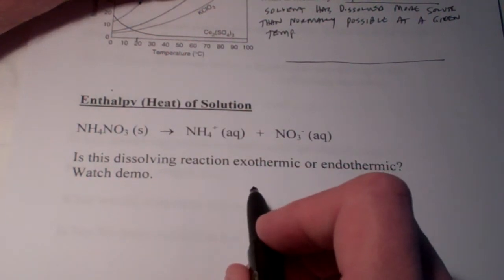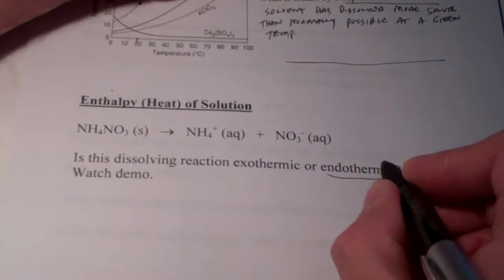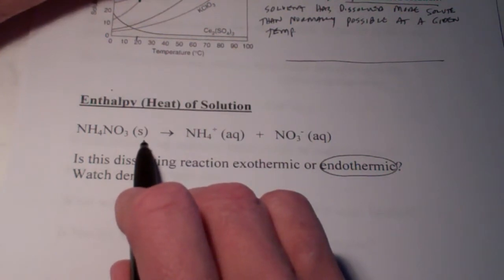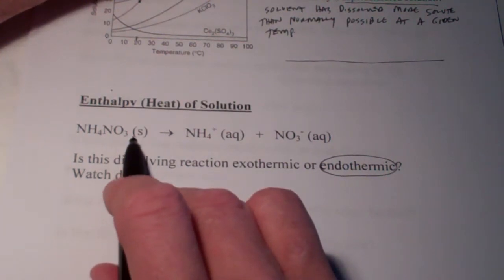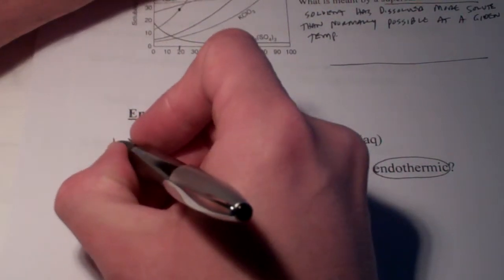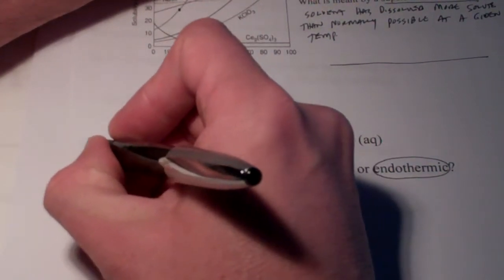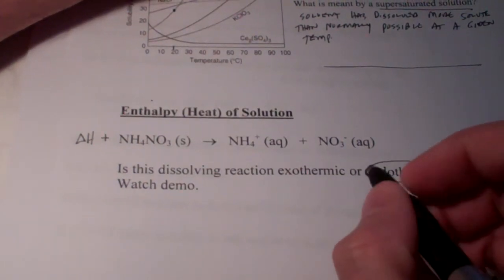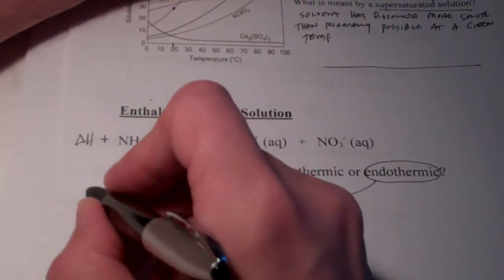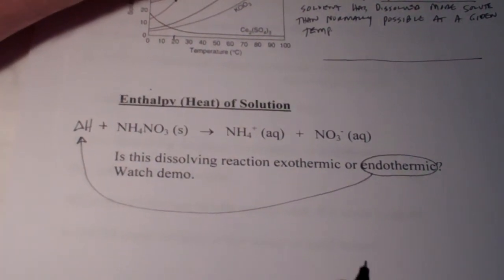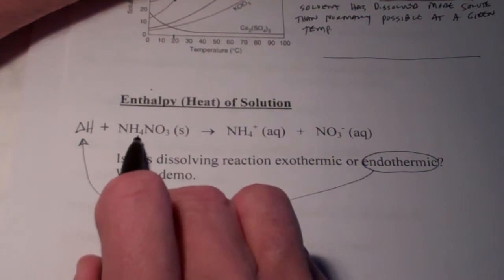So we had decided that this was an endothermic reaction, so heat was required for this dissolving process. And in class we put the symbol for heat, delta H, on the left hand side of the equation, and we said, well, when we have an endothermic process, delta H belongs on the left hand side of the equation. Heat is required.